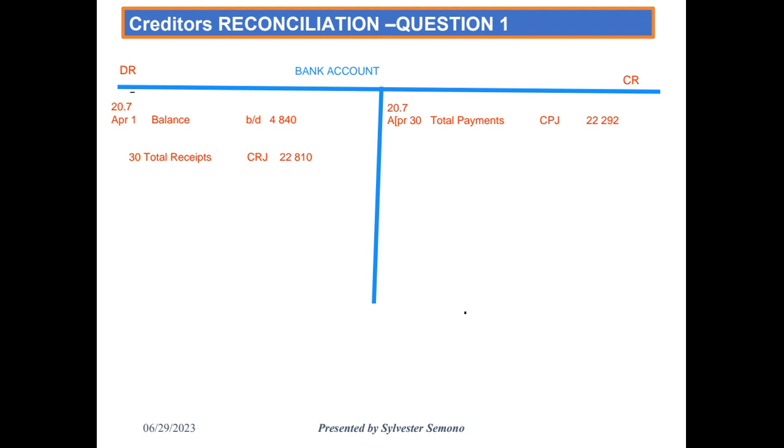Now we can balance. The bigger total, I think, is 27,650. Yeah, 27,650.